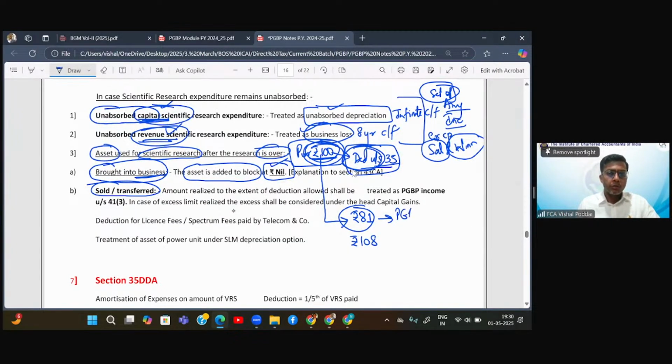So this becomes my PGBP income under section 41(3). And here, since I've got deduction of only 100, my PGBP income is 100 under section 41(3), and the excess 8 rupees will be considered as my capital gains to be treated under that chapter.